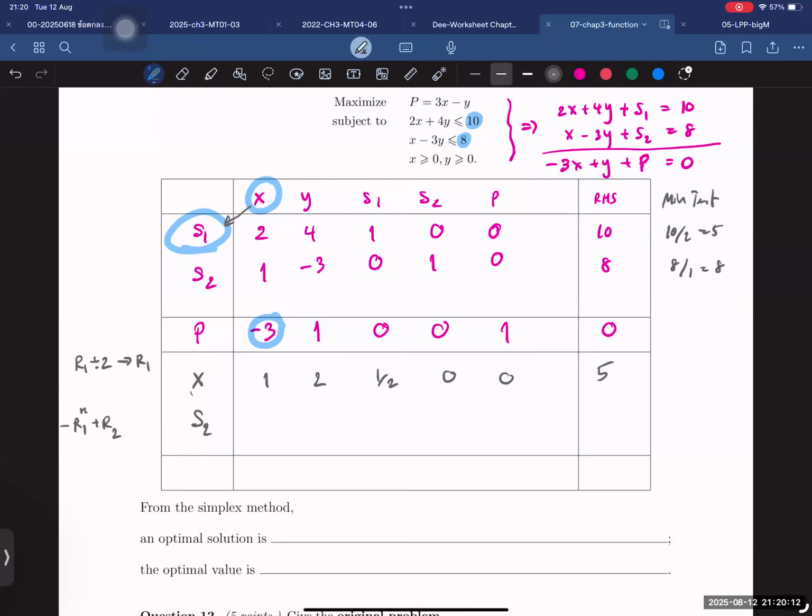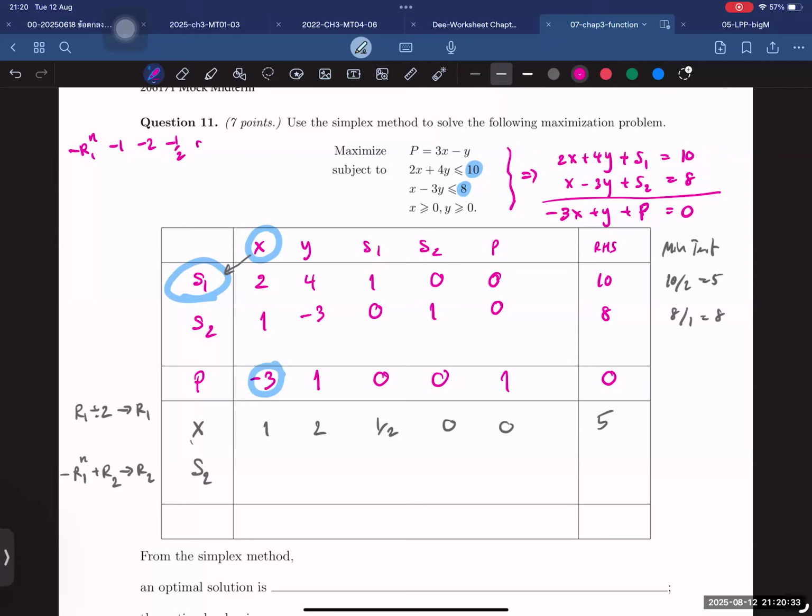So let me do it outside: negative 1 times row 1 new. This is going to be -1, -2, -1/2, 0, 0, -5. And the old row 2 would be 1, -3, 0, 1, 0, 8.